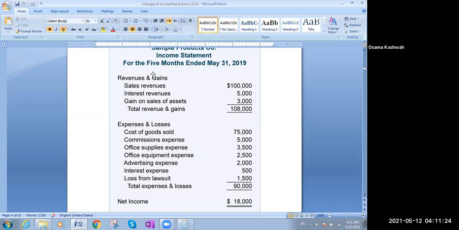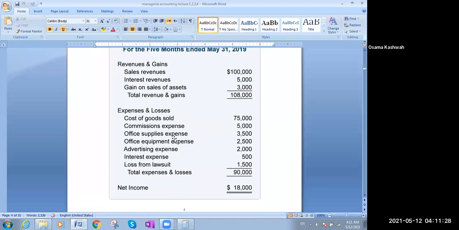Likewise, as I did for the revenues, I will do for the expenses. For the expenses, I will start with the cost of goods sold. This is 75,000. Commissions expenses, like you pay commissions to the salesmen. This is 5,000. Office supply expenses, 3,500. Office equipment expenses, 2,500.